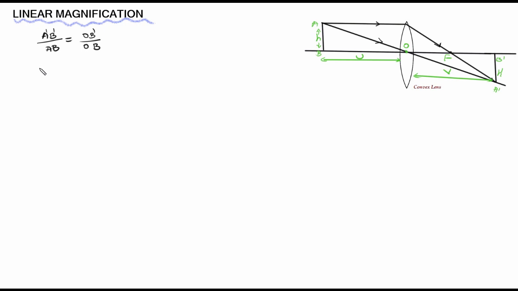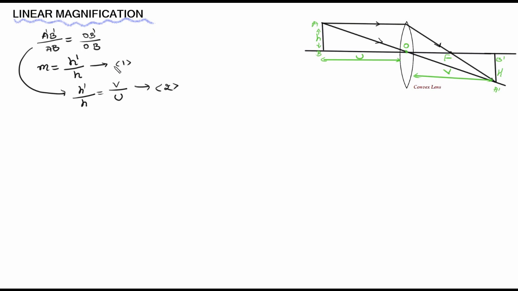As we already know, linear magnification is defined as the ratio of height of the image to the height of the object. Fine. So, I call it equation number 1. Again consider this equation. Here A dash B dash means, as you can see, it is h dash. So h dash divided by h, AB represents h, is equal to OB dash is V divided by OB is U. So this is equation number 2.